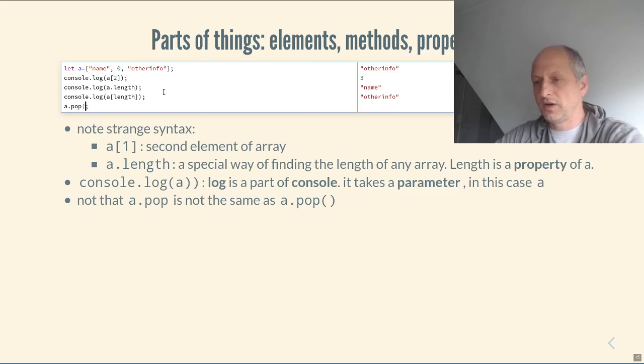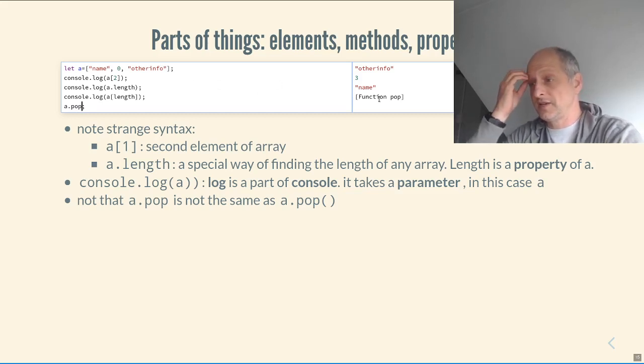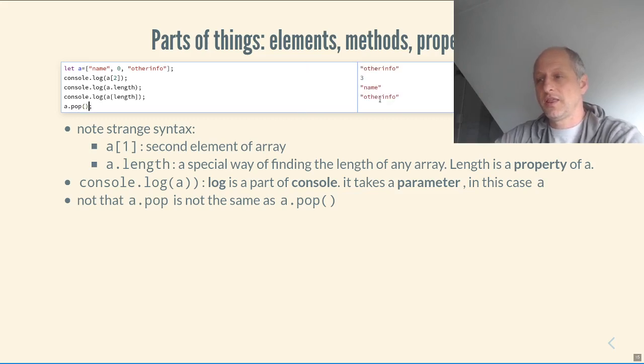It's a property which is also a function, and so I can either ask JavaScript to display the value of that property, and it says that property is defined as a function, or I can actually execute that function by typing a set of brackets after the name, and then it will perform the task that's being asked of it, namely to pop something off the end of the array.